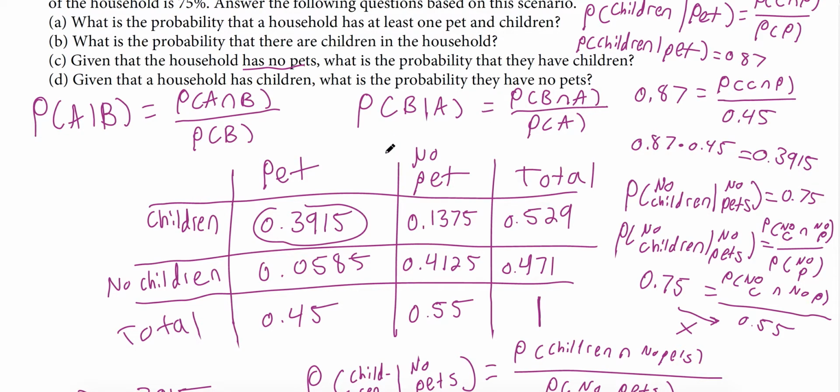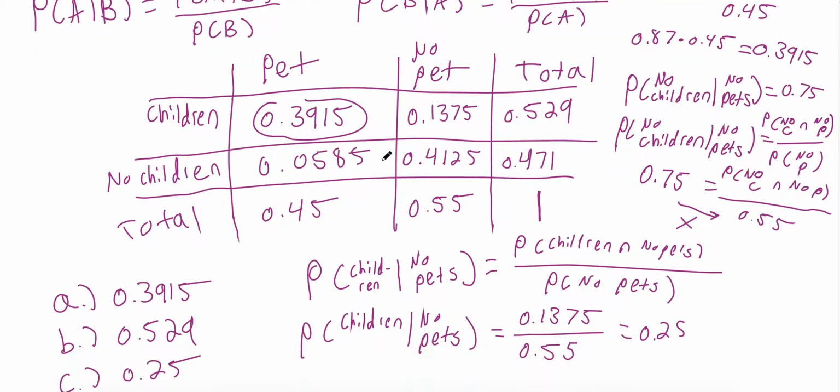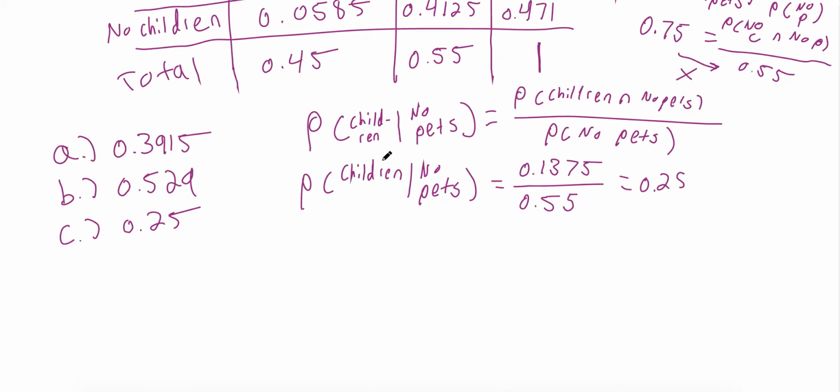So let's do that. Given that a household has children, what is the probability that they have no pets? So that comes after the bar. So children, no pets.